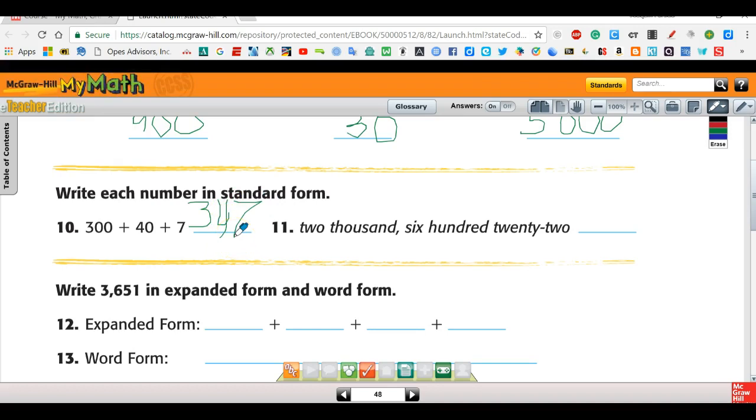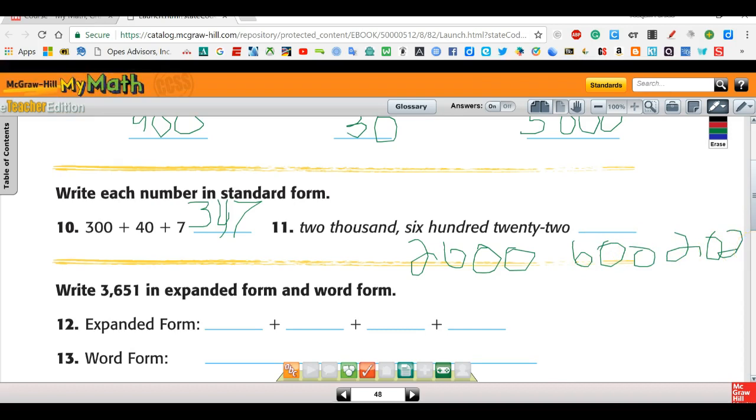And 7. Just the digits, obviously without the zeros and the plus sign. You notice this, 2,622. Okay, so let's see, 2,622. Is that how I write it?